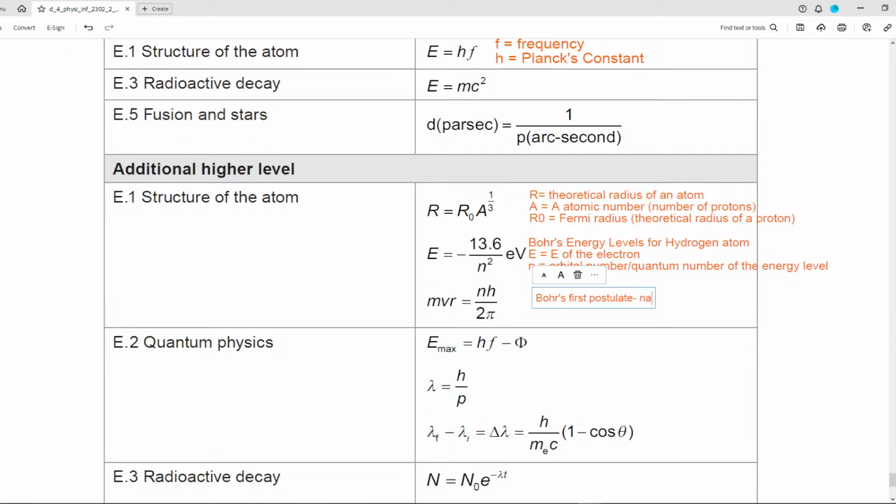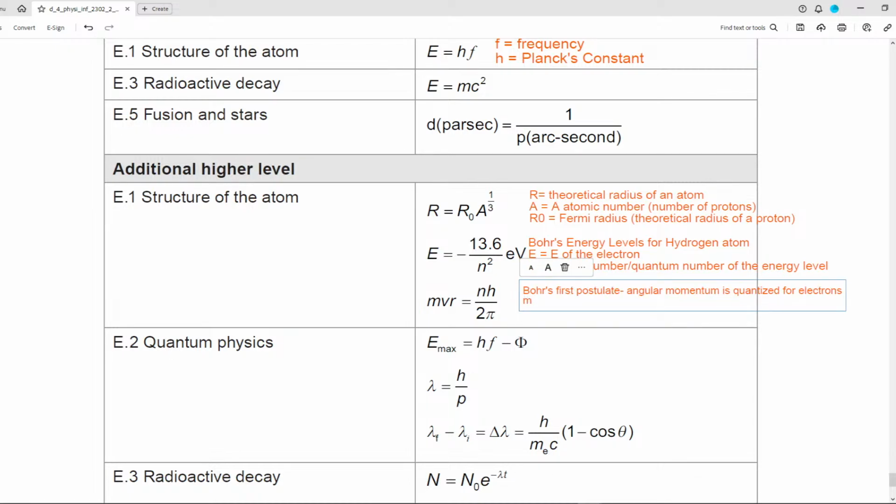Angular momentum, mvr, is quantized for electrons. And therefore, energy is also quantized for that reason.